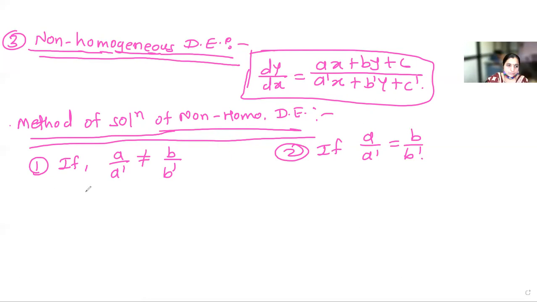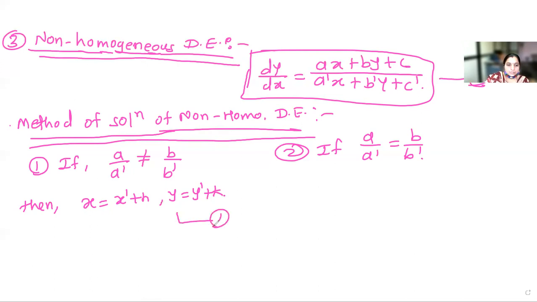First, if a upon a dash is not equal to b upon b dash, then we use the substitution x is equal to x dash plus h, y is equal to y dash plus k in equation number 1.